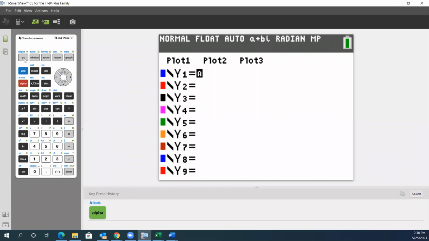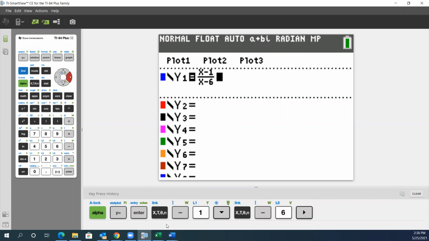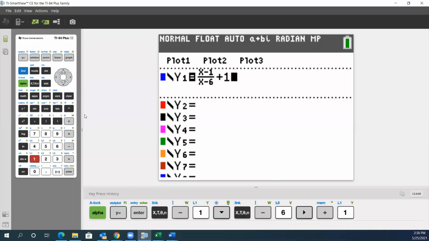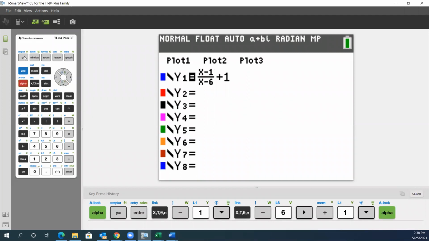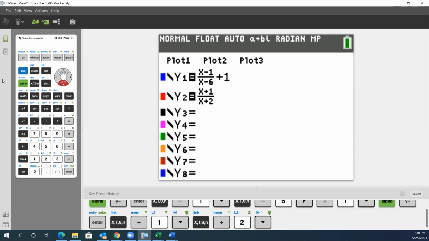Then I'll make a fancy fraction: x minus 1 over x minus 6, plus 1, and then y plus 1 over y plus 2. Okay, so there's those.